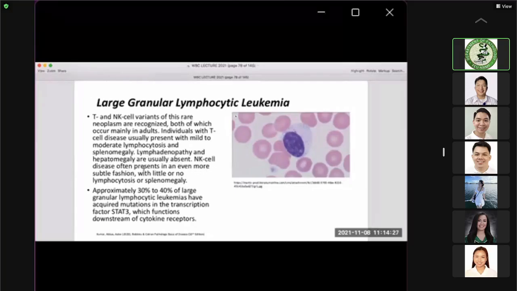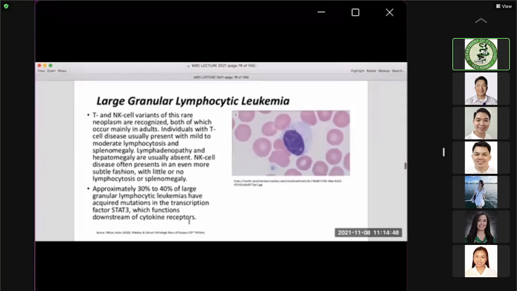Natural killer cell disease often presents in an even more subtle fashion with little or no lymphocytosis or splenomegaly. So 30 to 40% of large granular lymphocytic leukemias meron silang mutation in the transcription factor STAT3, no? Which functions downstream of cytokine receptors.